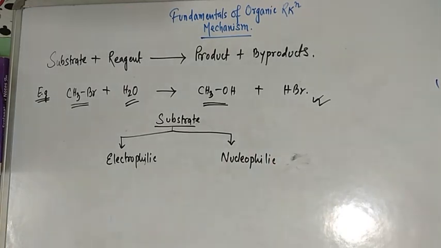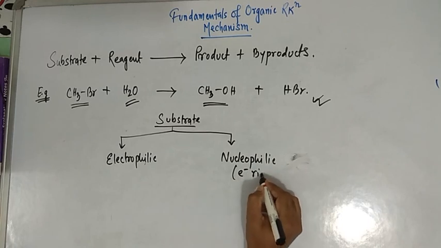So what does the word electrophilic mean? Electrophilic means the species, that is the substrate, is deficient of electrons, and nucleophilic means electron rich.